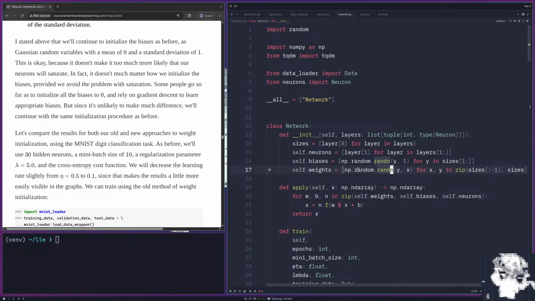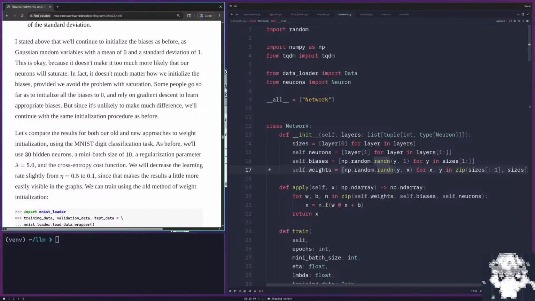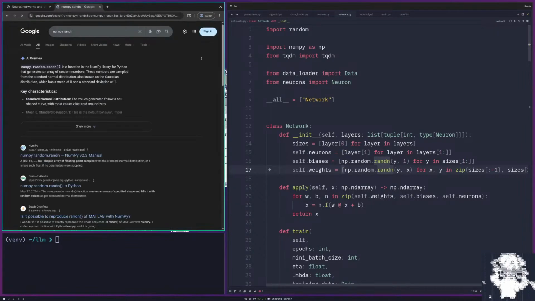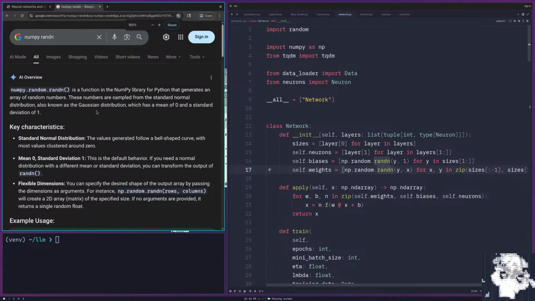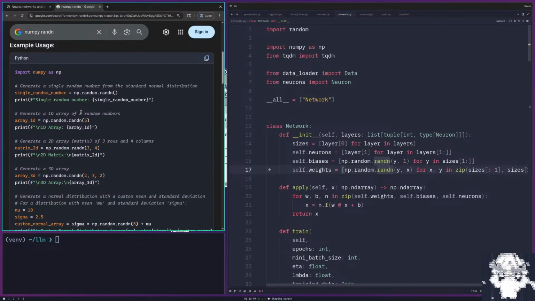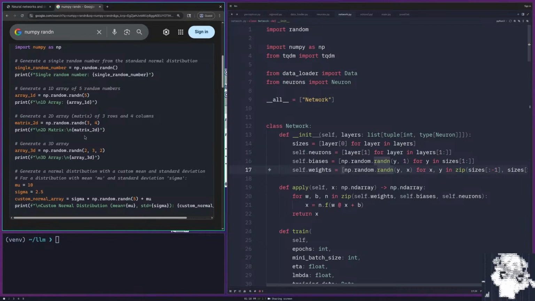So, what is randn doing? NumPy randn. Normal distribution. Can I tell it what the mean and standard deviation should be?